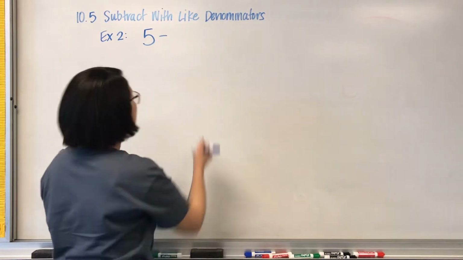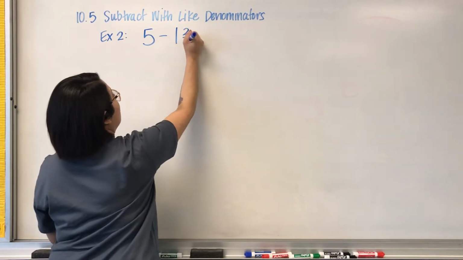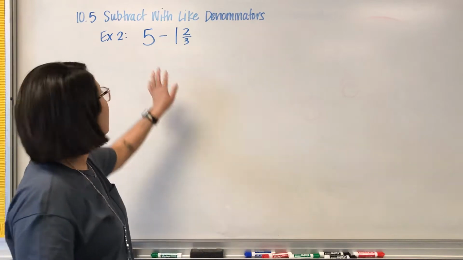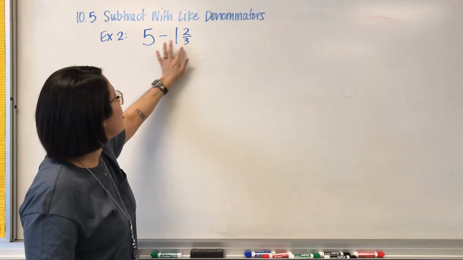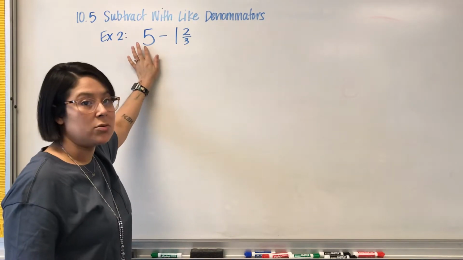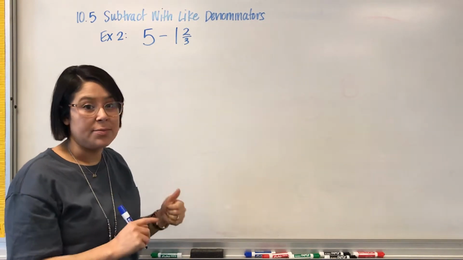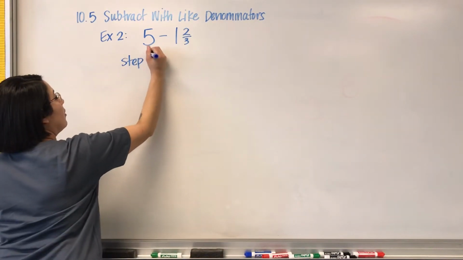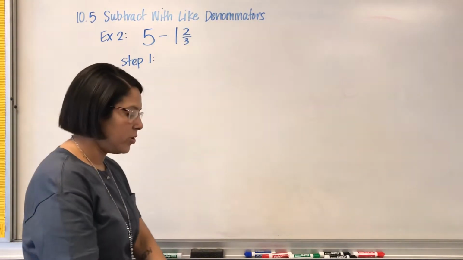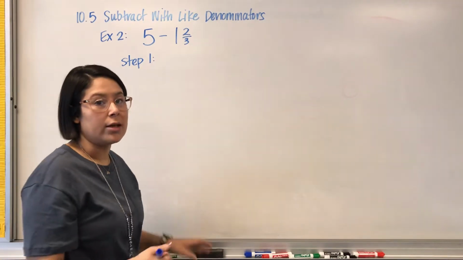minus 1 2/3, okay? I don't have a little fraction here to take away from this fraction. So I need to borrow from this one. So I'm going to talk about the steps for that. Step 1 is going to be called borrow and rename.